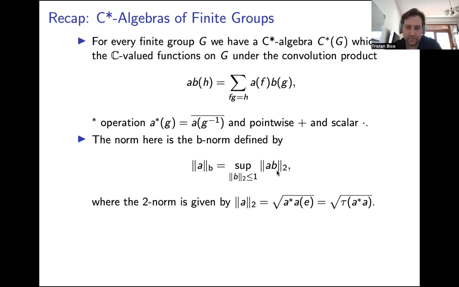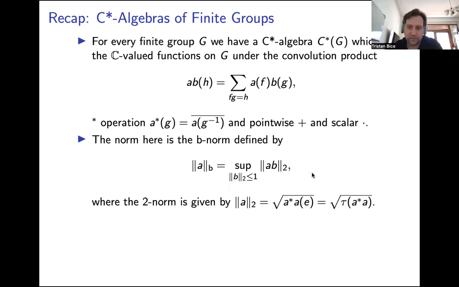B goes to A times B. So as usual, when you're looking at operator norms, the operator norm is defined as the supremum of the norm of all the values of AB, where you take the supremum over all B in the unit ball. All those B's with 2 norm at most 1. That gives you the operator norm, which in this case is the B norm and is exactly the norm we need to define the C-star algebra structure, right?